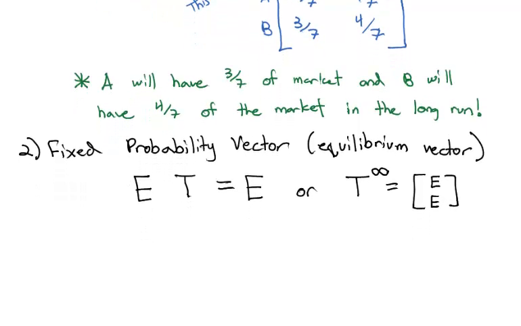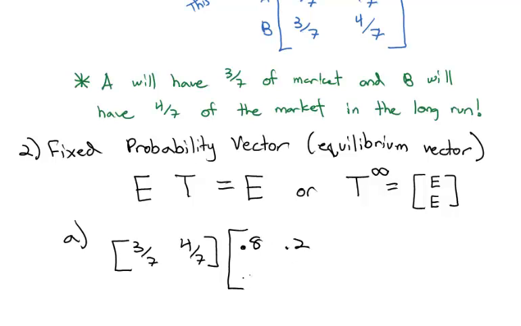So, for the example we're looking at, we found that the equilibrium A has 3/7 of the market share. B has 4/7 of the market share. If we were to multiply that by the transition matrix that we've been playing with this whole time of 0.8, 0.2, 0.15, and 0.85, it should equal the same equilibrium vector.